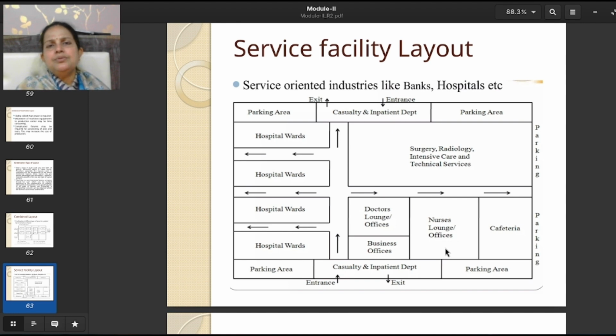Like that, if you go to a bank, the layout structure is built so that the customers get good service. So normally, it depends on the type of service we are providing to the customers. This is one example of the layout of a hospital.